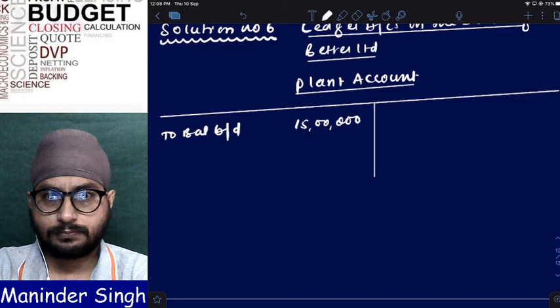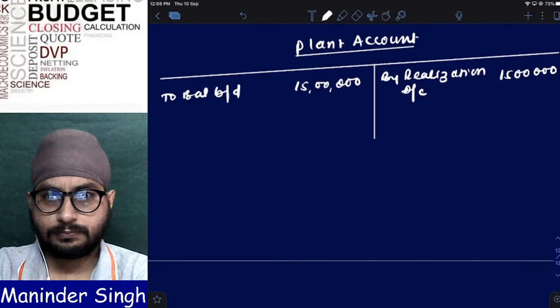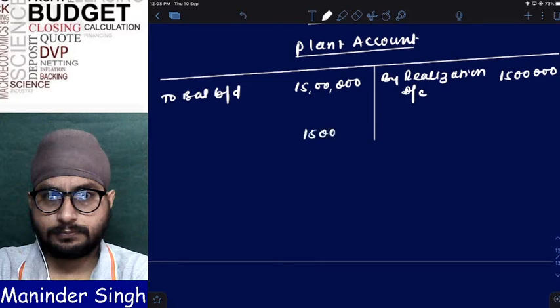To reduce the value of the asset, what should I do? Credit. Which account should be credited? Realization account. By realization account, 15 lakhs. Clear? So this account is closed. Plant account is closed now. Let us close all the other accounts like this only.